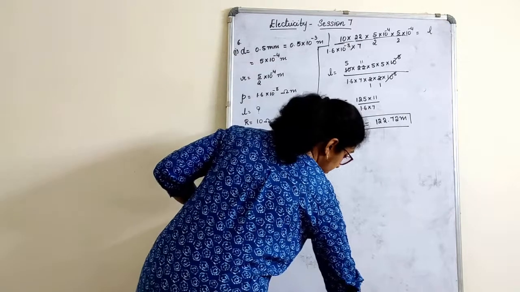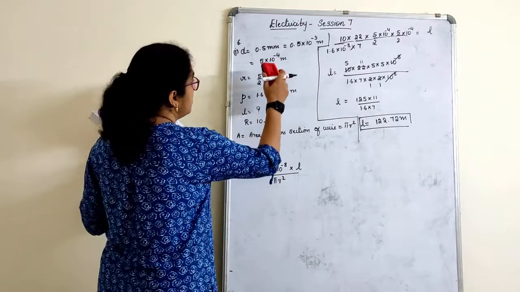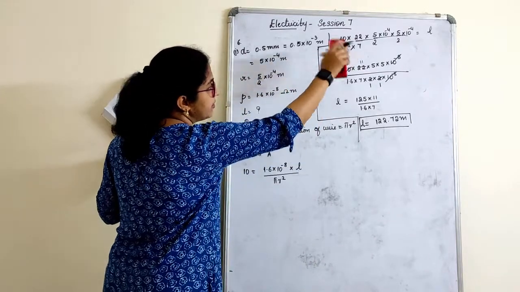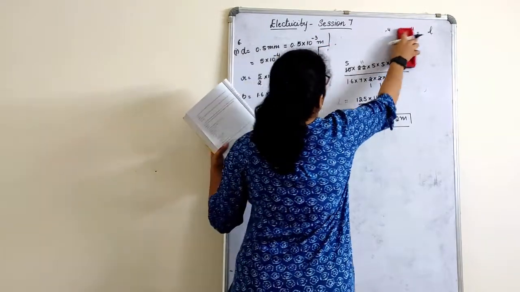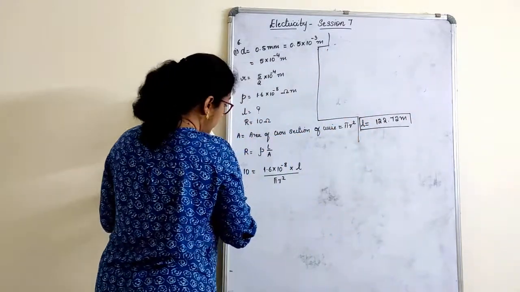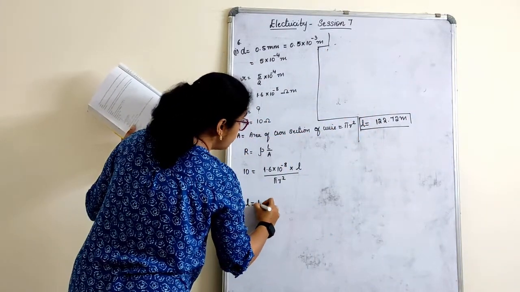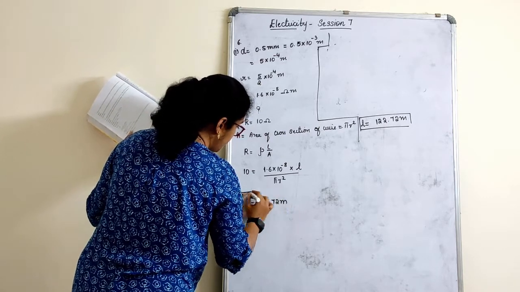How much does the resistance change? I'll erase this part only now. Let us rewrite this L value. Now the L value is 122.72 meter.